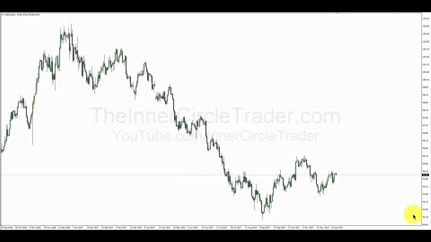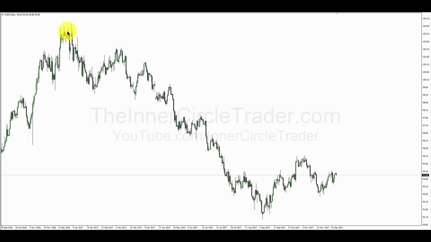So what I like to do is, number one, cycle through all the majors, but I begin with the dollar index. And from a dollar daily, we can see that we have been trading lower. And ever since around August, we've been consolidating and gone sideways.